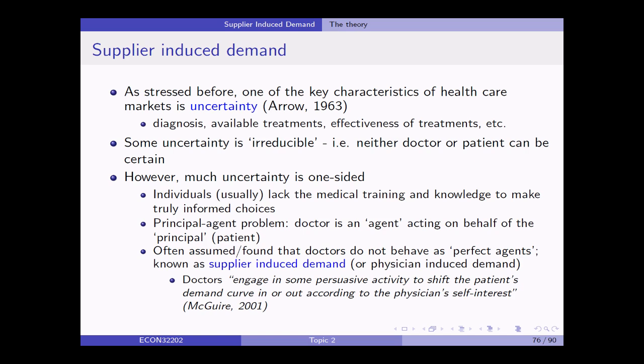That's called supplier-induced demand. In the US it's called physician-induced demand because it's specific to the physician industry, but obviously it's the same thing. And Maguire defined this as medics engage in some persuasive activity to shift the patient's demand curve according to the physician's self-interest. So they artificially move demand in or out to lead to benefits for them as a physician.